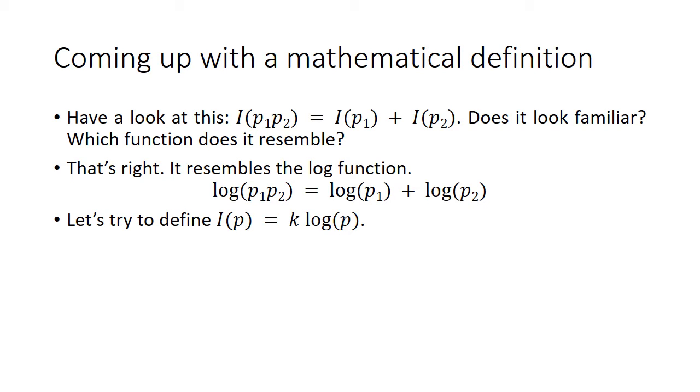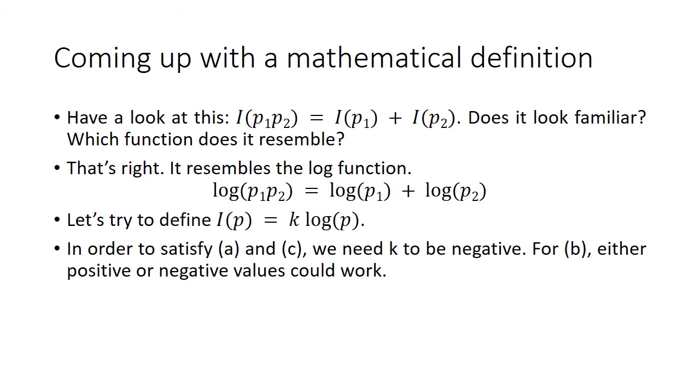Now let's try to apply this to expressions A, B, and C, and let's see if it puts some constraints on the value of K itself. Now, in order to satisfy A and C expressions, we need K to be negative, whereas for B, either positive or negative values could work.